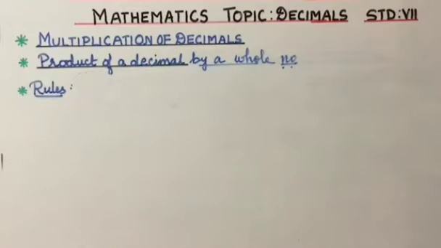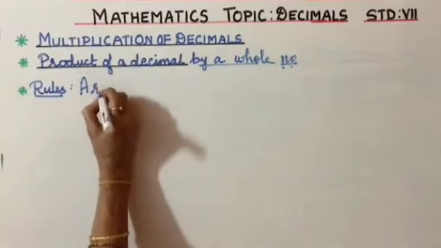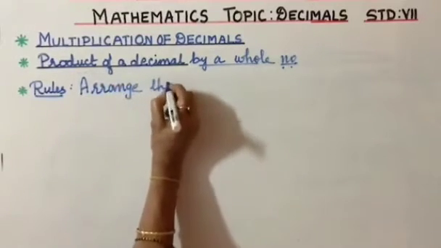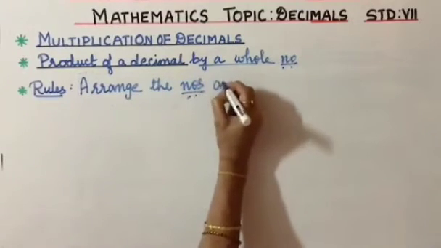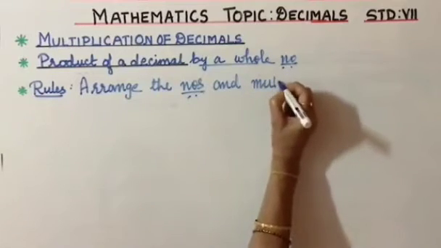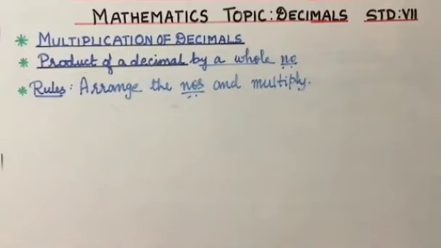Write the rule. Multiply, arrange the numbers and multiply. So what did I tell here? You multiply as if the decimal does not exist.